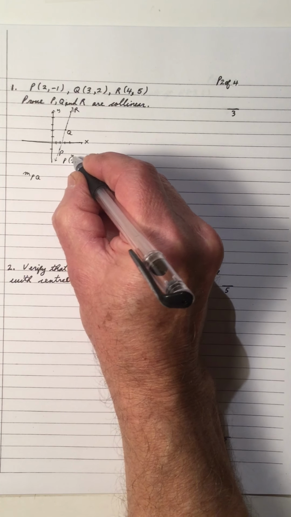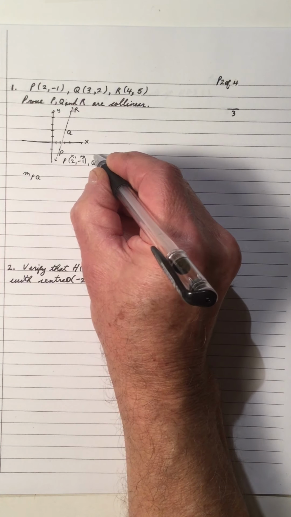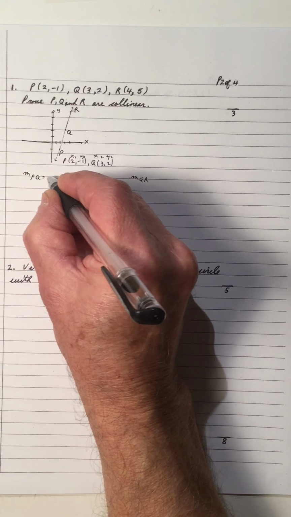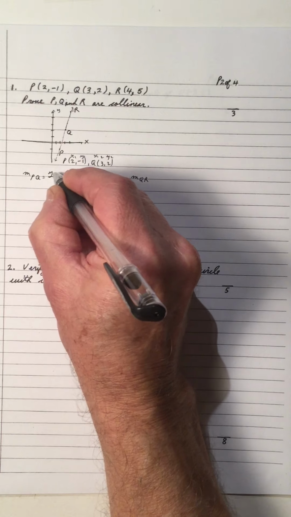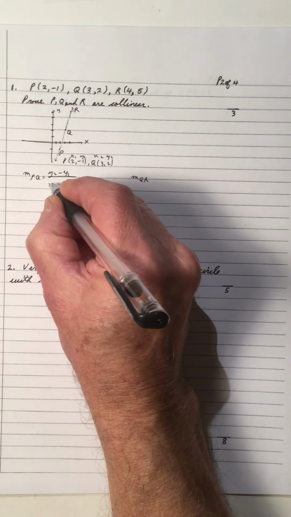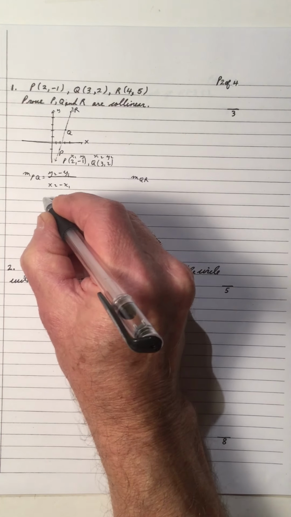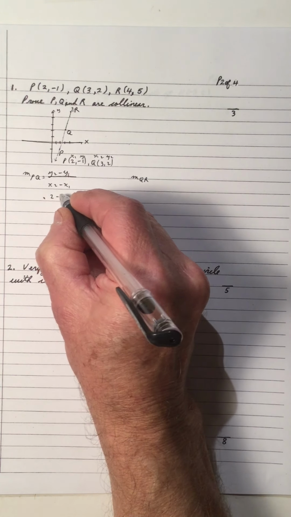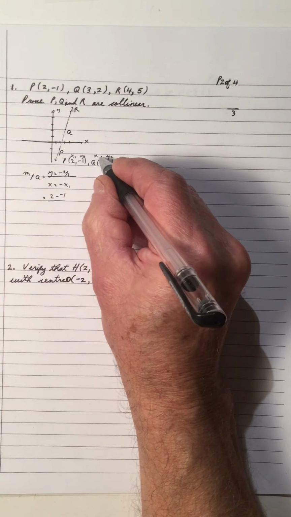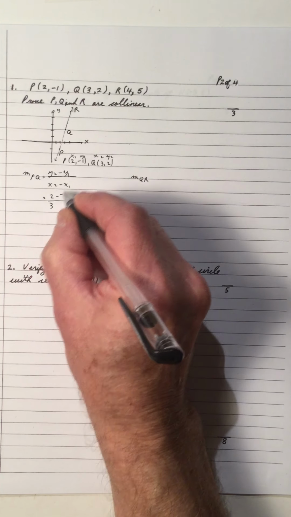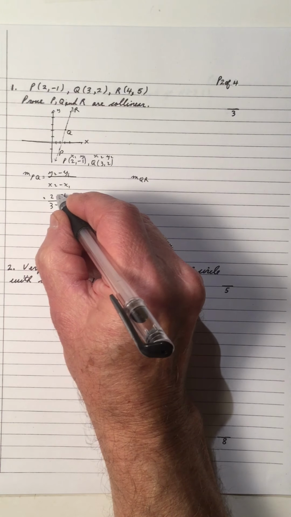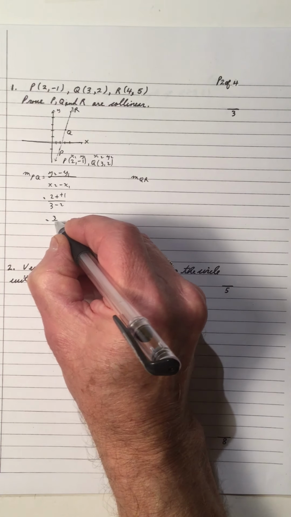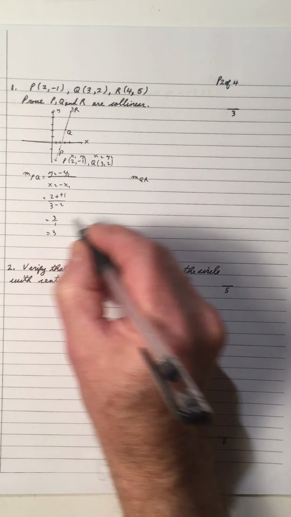So this is x1, y1, x2, y2. So the slope is y2 minus y1 over x2 minus x1. So y2 is 2, y1 is -1, x2 is 3, and x1 is 2. Double negative is a positive. So that gives you 3 over 1, or 3.